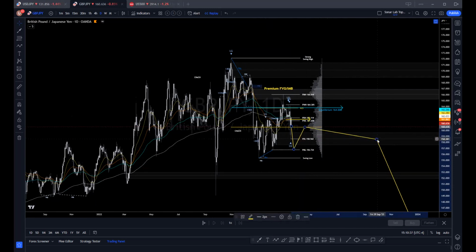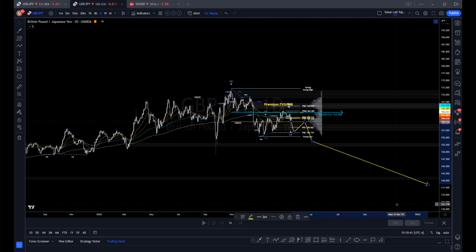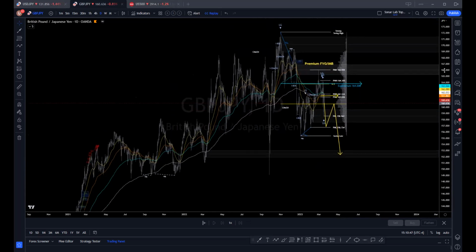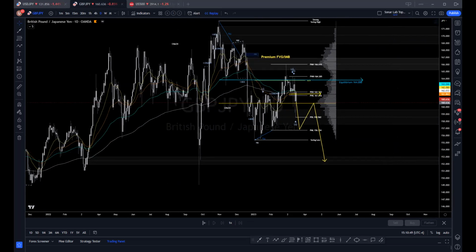Nice little pullback. Okay, that's my ultimate line in the sand for now in terms of what we do after that.